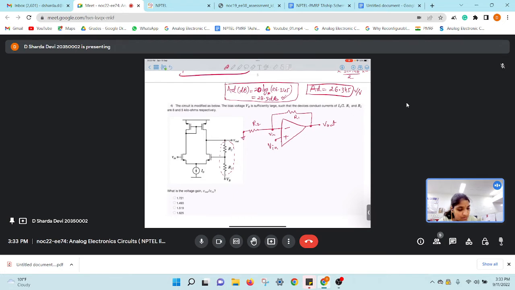So the output gets fed back to the input, hence this is known as the feedback path. In this OTA circuit, this resistor divider is behaving as a feedback path.